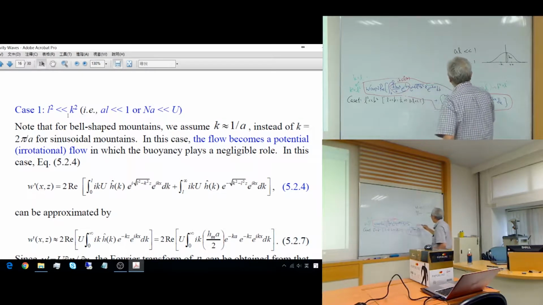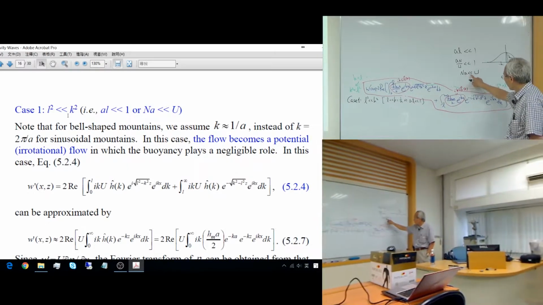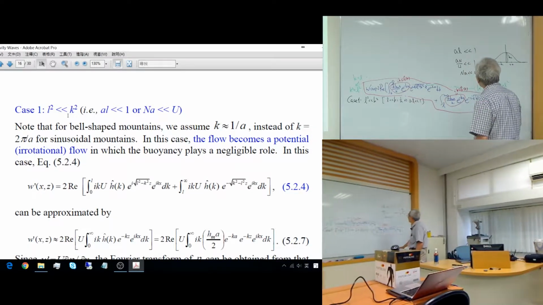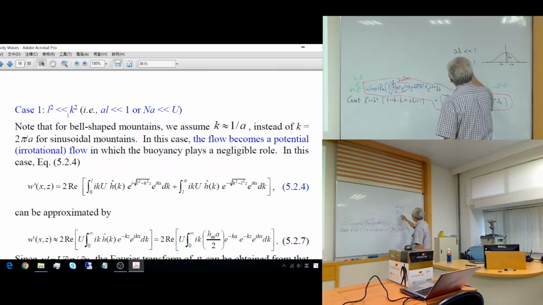This means NA is much less than U, so half width times N is much less than U. So this means it's much less than 1.